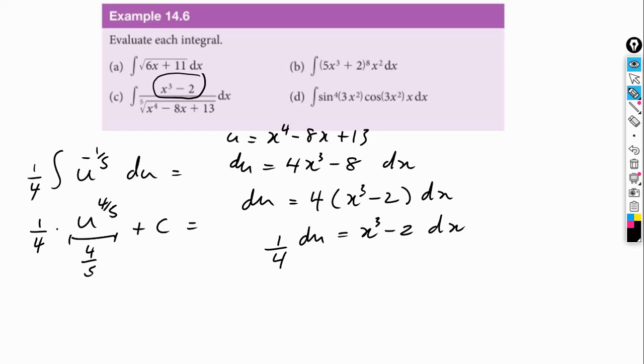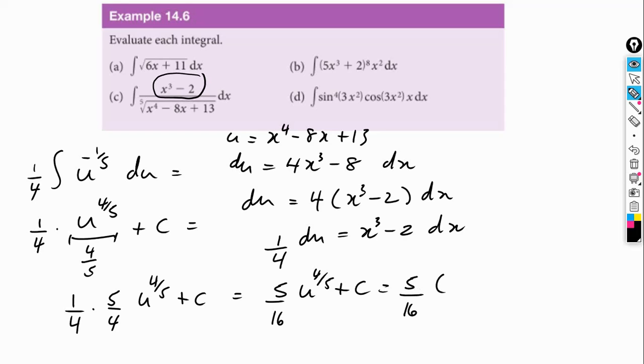This is the same as saying 1/4 times 5/4 times u to the 4/5 plus c, or 5 over 16 u to the 4/5 plus c. Then we just plug back in u. So this would equal 5 over 16 times (x to the 4 minus 8x plus 13) to the power of 4/5 plus c.